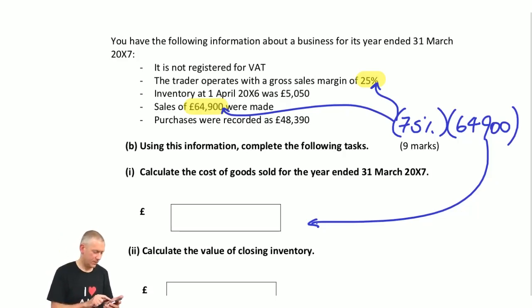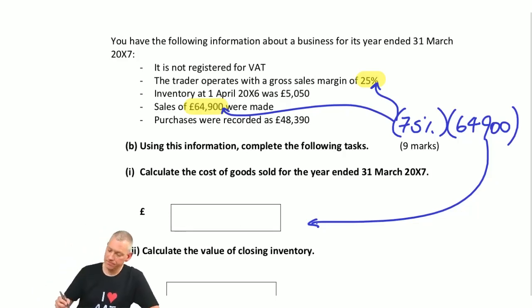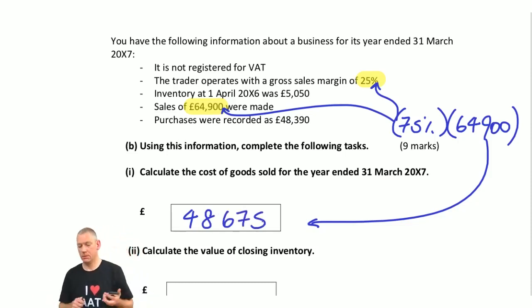So 64,900 multiplied by 0.75 equals 48,675. There we go. Just check I've got the figure right.